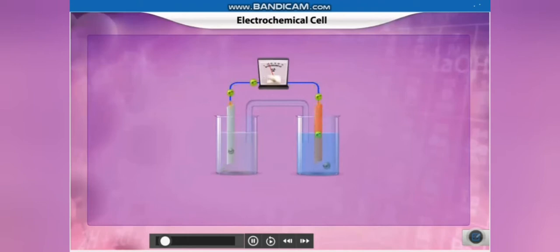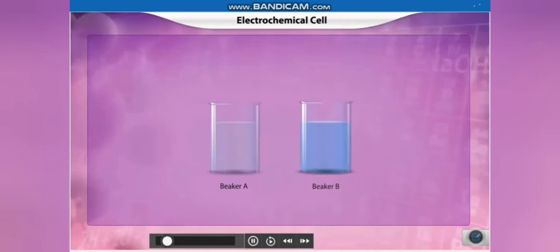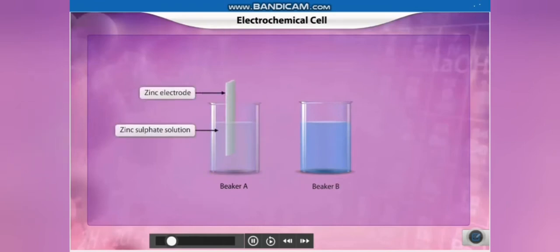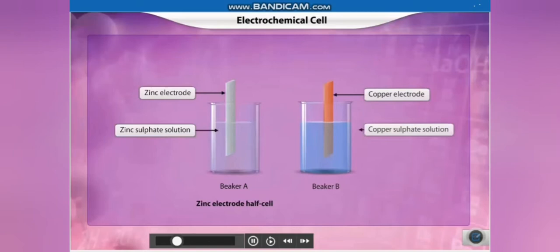The apparatus setup of an electrochemical cell consists of two beakers, beaker A and beaker B, where in beaker A, a zinc electrode is immersed in a zinc sulfate solution, and in beaker B, there is a copper electrode rod immersed in a copper sulfate solution. Beaker A acts as the zinc electrode half cell and beaker B acts as the copper electrode half cell.